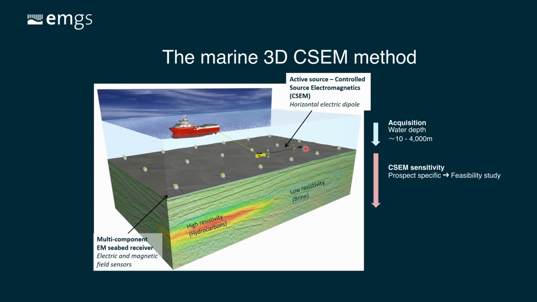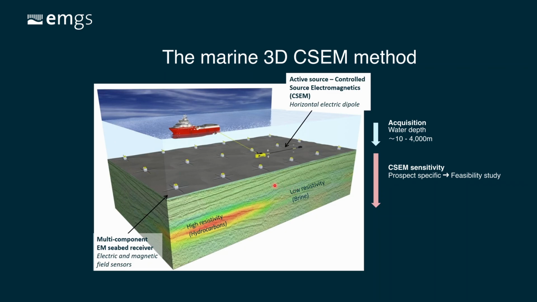The antenna is typically towed at a certain height over the seabed, though in very shallow waters it might be towed hanging from buoys at the surface. But in general, it's towed fairly close to the seabed in order to improve the coupling between the antenna and the sediment. With the information recovered by the receivers, the resistivity in the subsurface can be reconstructed. How? We will look at that in more detail later.